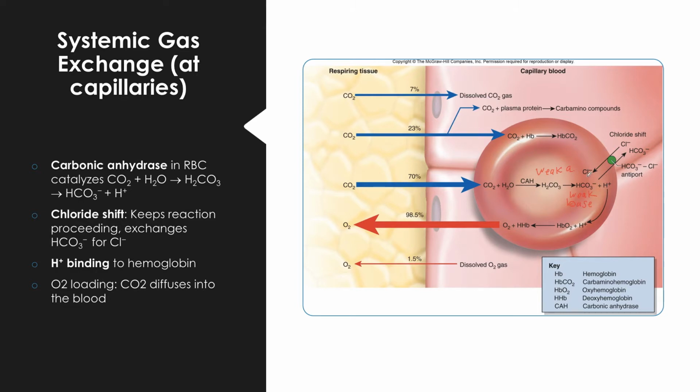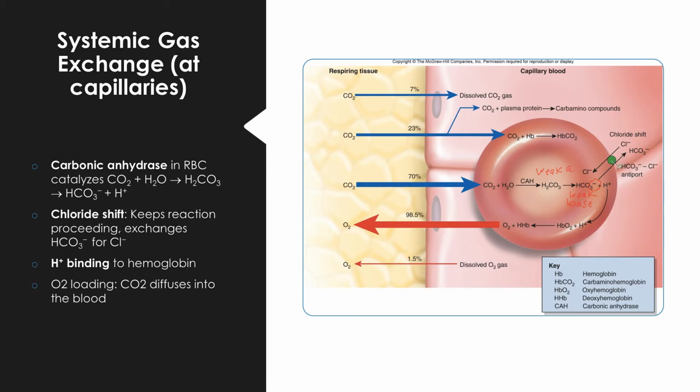But in order for this bicarbonate to be useful, it has to leave the cell. It doesn't do you any good inside of the red blood cells. If it's going to combat blood acidity, which typically takes place in the plasma, you're going to need it to be out here somewhere. But you don't want to have a continual loss of negative charge because bicarbonate is an anion. You don't want this cell to be constantly losing negative charge because that would disrupt its membrane potential.